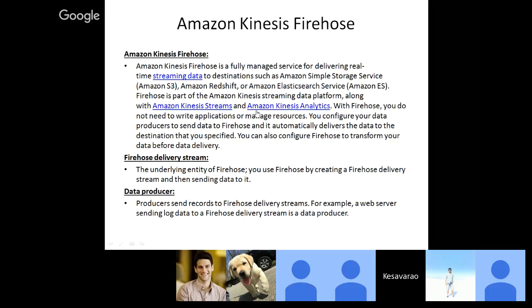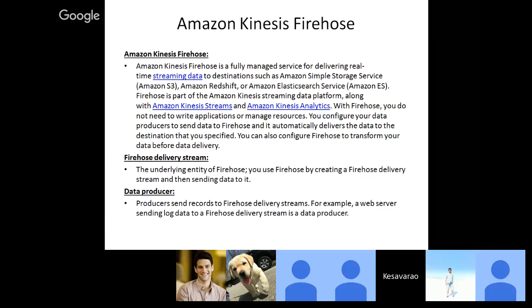Okay, it is just part of the streaming data platform. With Firehose, you do not need to write applications or manage resources. That's the advantage. It's like a ready-made tool given in the streaming data platform. You don't need to write big applications or manage any resources or anything. So it's a ready-made tool.